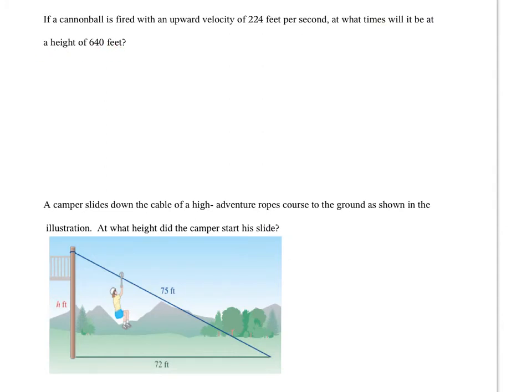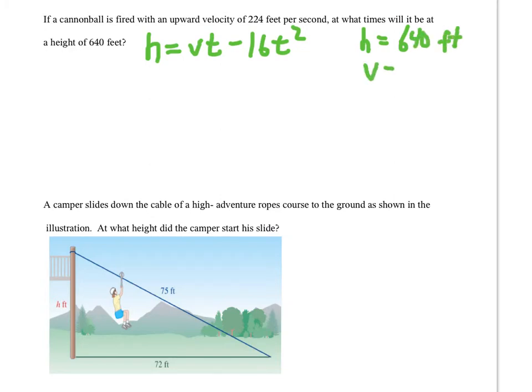So I'm going to again use my formula h equals vt minus 16t squared. Remember, I do have the height this time directly at 640 feet. And I have the initial upward velocity of 224 feet per second. So I'm going to substitute those in.